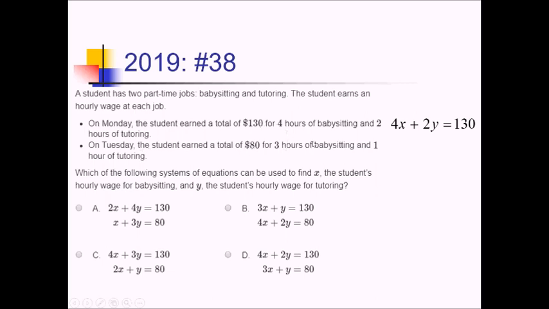We have 3 hours babysitting, so that's 3x. 1 hour tutoring, that's plus 1y, and that should total $80. So do we have this as an answer choice? It's not A. Is it B? Nope, not quite. Let's see here. C, no, not quite. 4x plus 3y. D, we have 4x plus 2y equals 130. 3x plus y equals 80. It is choice D.